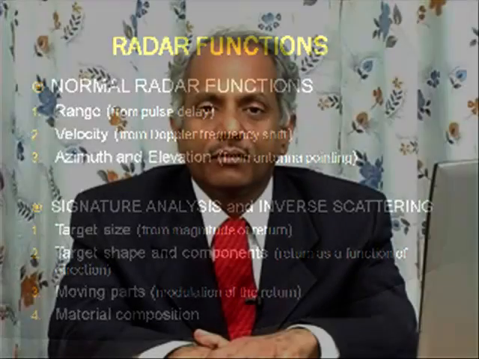This is obtained from the antenna pointing direction. The antenna is placed over a compass, and the way the antenna is moving in the horizontal direction and in the vertical direction will be indicated through a pointer on the compass to get this angle information.